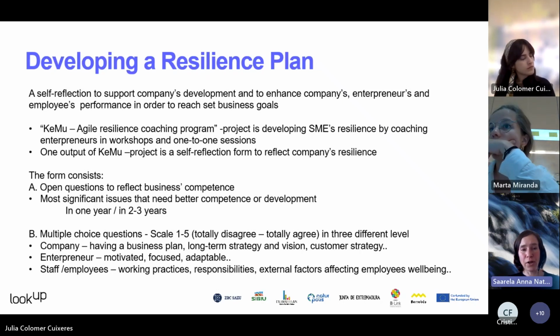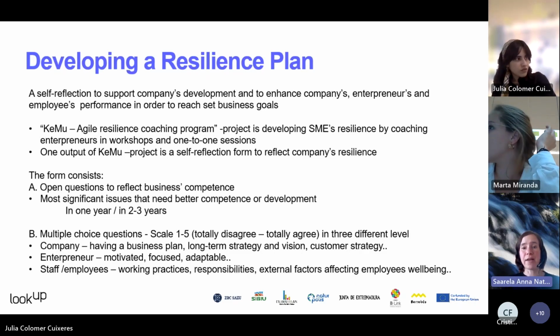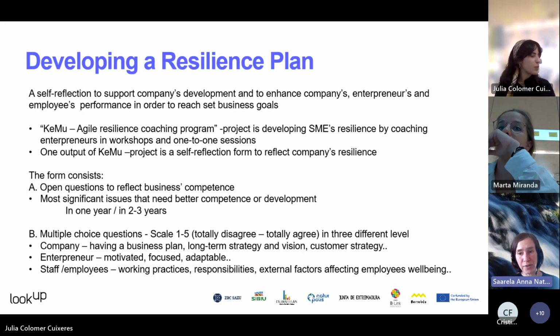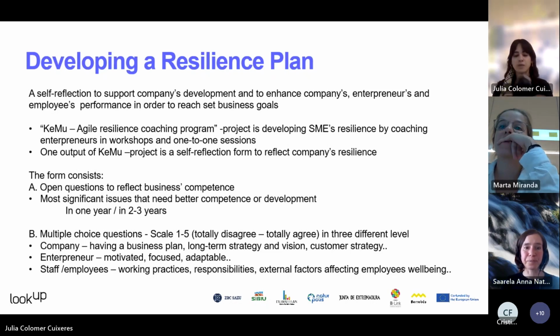In this level, the form is asking whether the company has an up-to-date business plan, whether it has a long-term strategy or vision, whether it has a customer strategy. There are quite a few questions concerning the company's resilience, but these are just some examples of the questions. And these need to be scaled from 1 to 5.